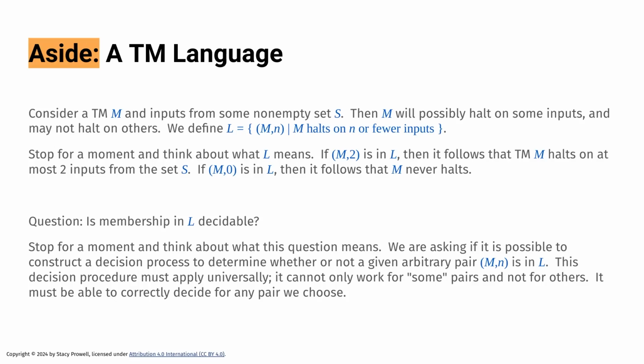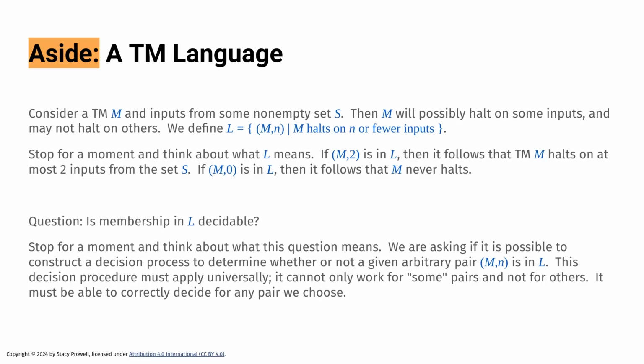In this case, we need N to be basically infinite. Assume that it never halts. In this case, N can be 0, or it could be 7, right? Halting on 0 inputs, 0 is clearly fewer than 7, so there you go.